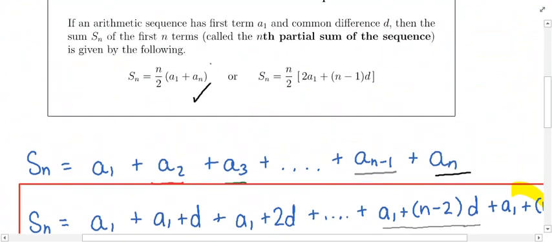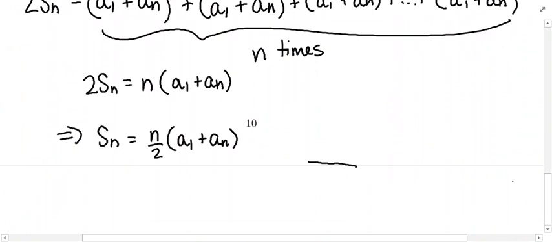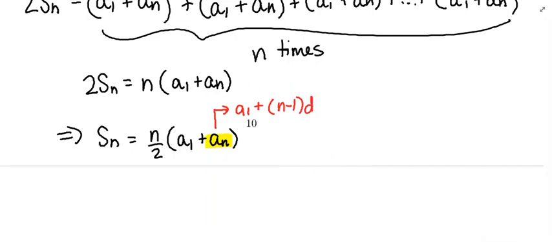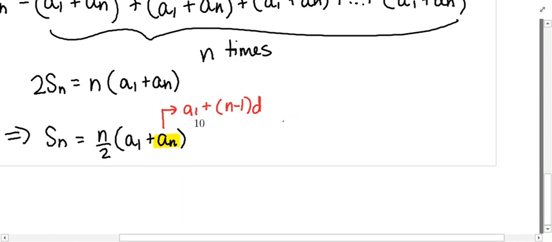Now that you know this one, it's really easy to get the other. To go from one to the next, we know that an is the same thing as a1 plus n minus 1 times d. We make that replacement, and you'll see the other equation appear.